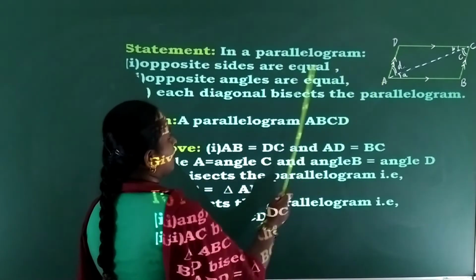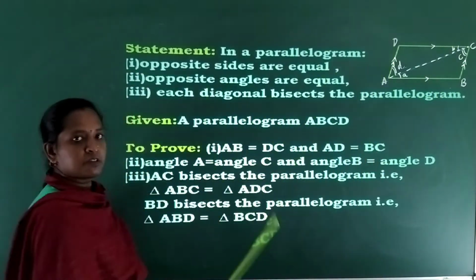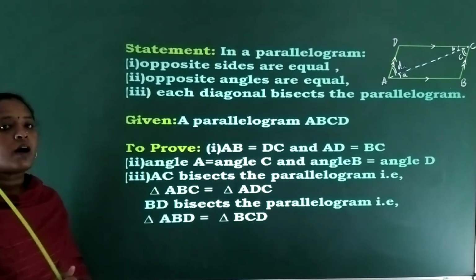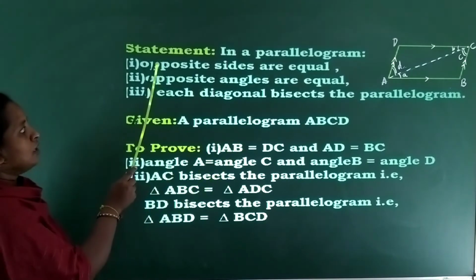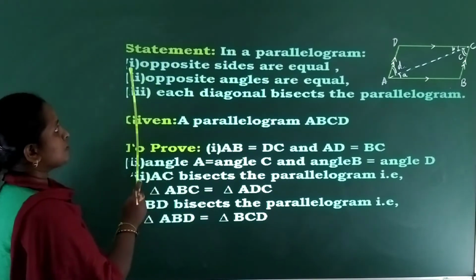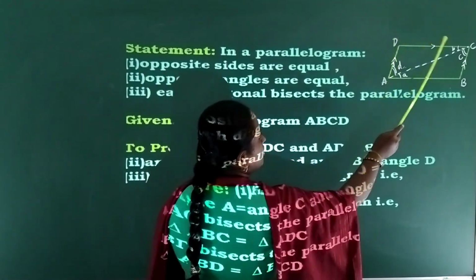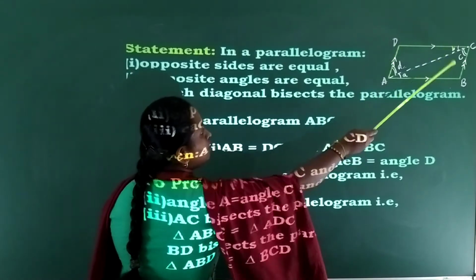According to the diagram, a parallelogram ABCD. Next, to prove, what do we have to prove? By seeing the statement, we have to prove opposite sides are equal. First one: AB is equal to DC. Correct. Next, AD is equal to BC.